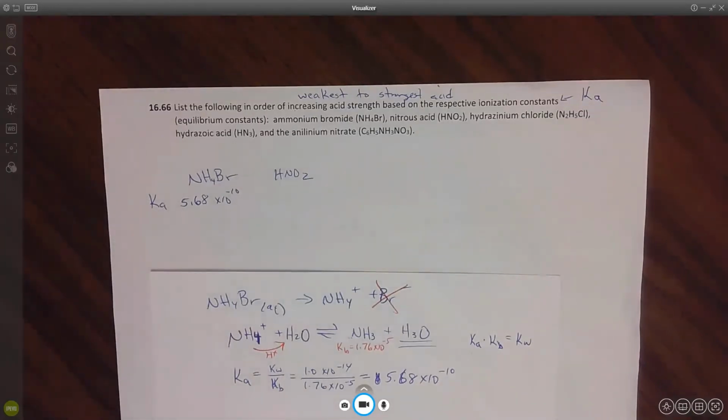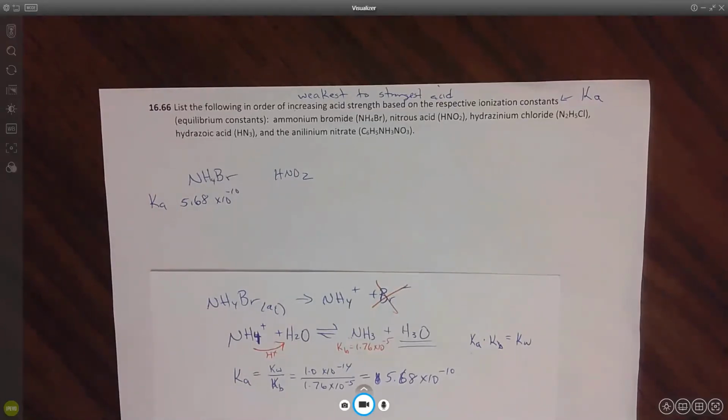What would you classify it as? Molecular or ionic? Lee, is this thing molecular or ionic? Yeah, molecular.